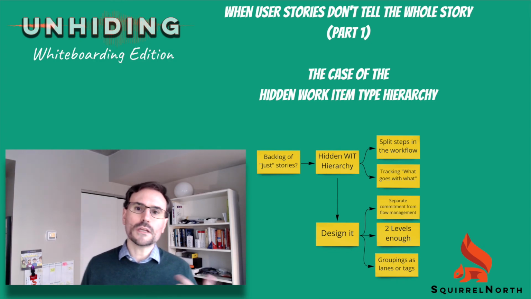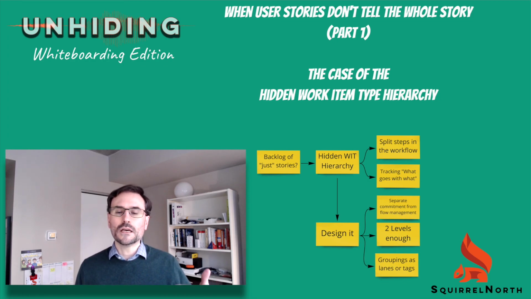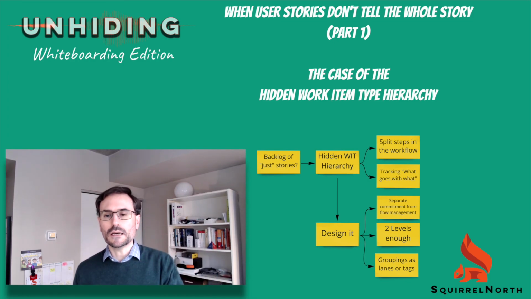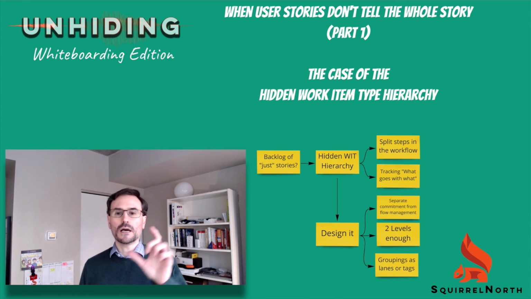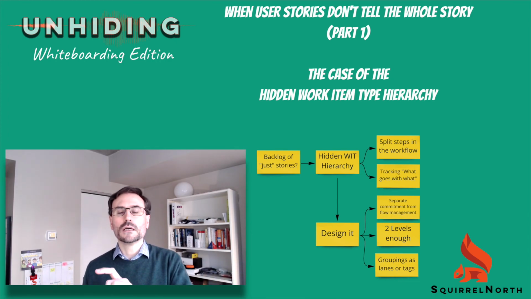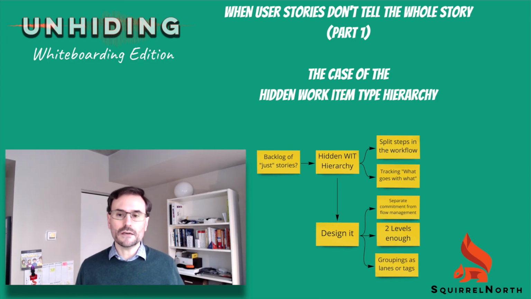So if you conclude that you have a hidden work item type hierarchy, well, you can design it. And as we mentioned in this video, you can start by using different meanings for each level. In particular, use one level for commitments and a different level for managing flow. Keep in mind that 2 levels are usually enough, sometimes 3, normally no more than 3.